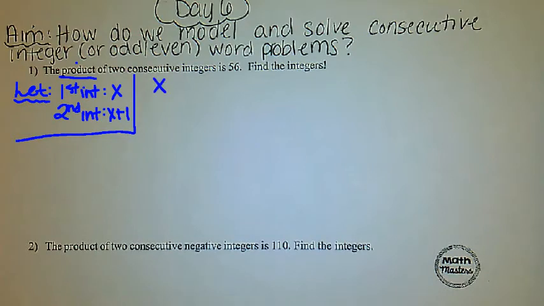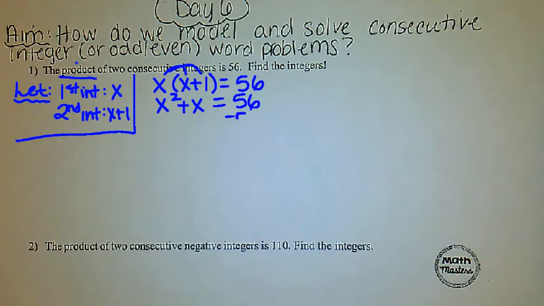Okay, so product means we're going to multiply. So I'm going to just multiply these two and set them equal to 56. Now hopefully you recognize that we have to distribute. By distributing, now we have a quadratic. So set it equal to 0.